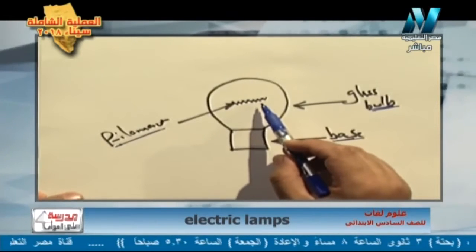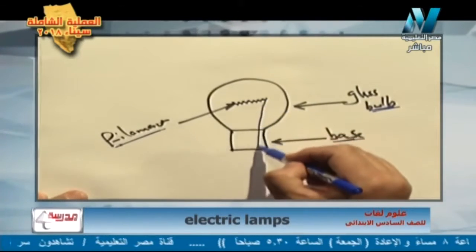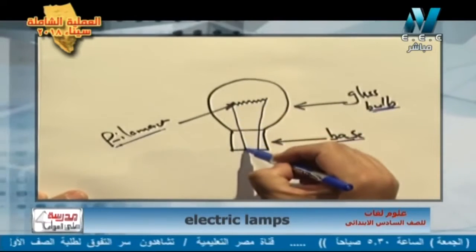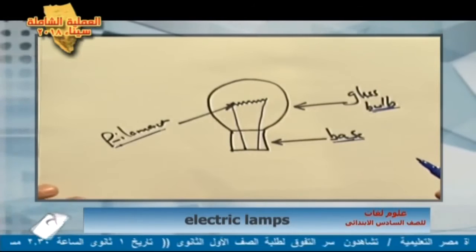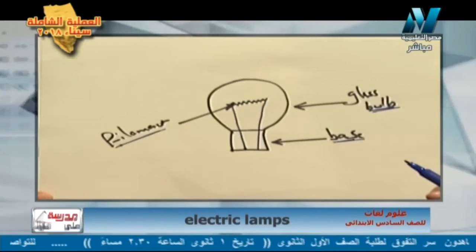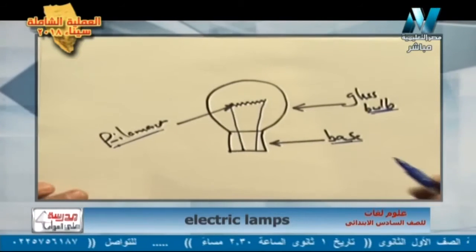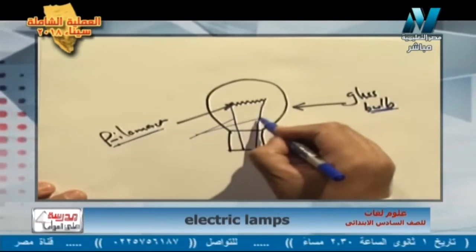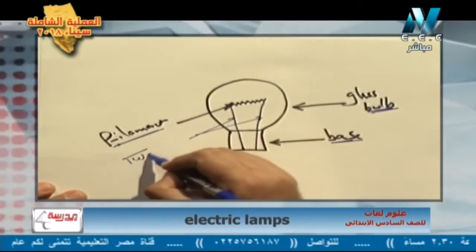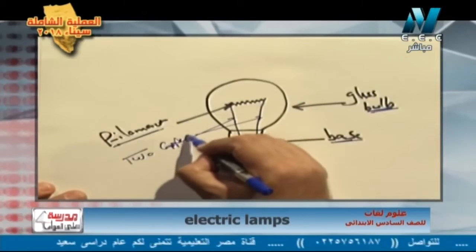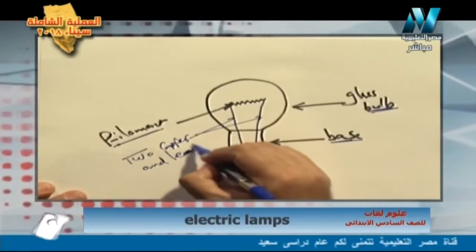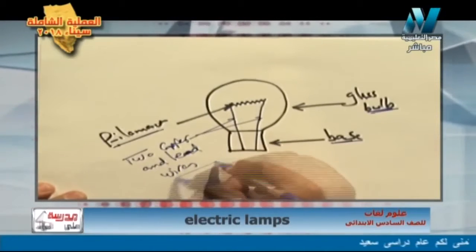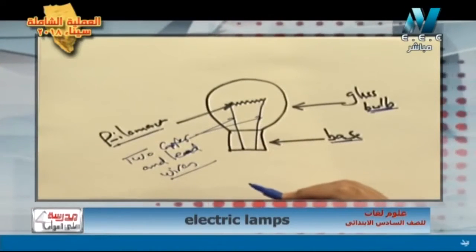No, it can't be hanged like this, but it has 2 copper lead wires. يبقى ازاي الفيلامنت متشعلقة كده في الهواء؟ طبعا of course not. The filament is carried up by 2 copper and lead wires. يبقى في سلكين بنسميهم 2 copper and lead wires. هما سلكين من الرصاص والكوبر أو النحاس في نفس الوقت.